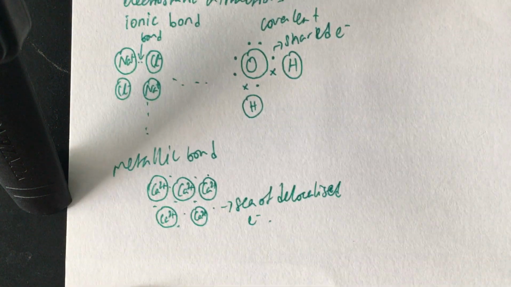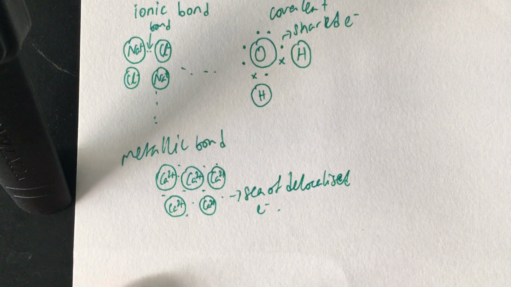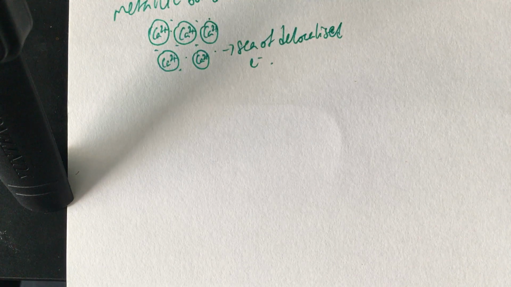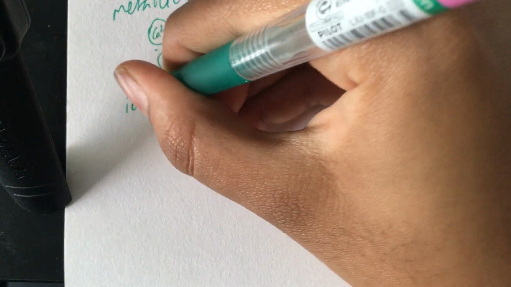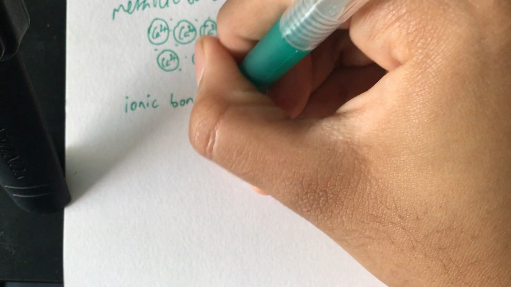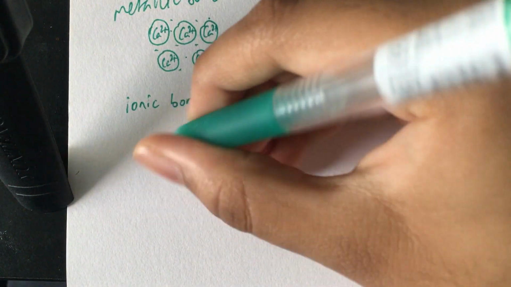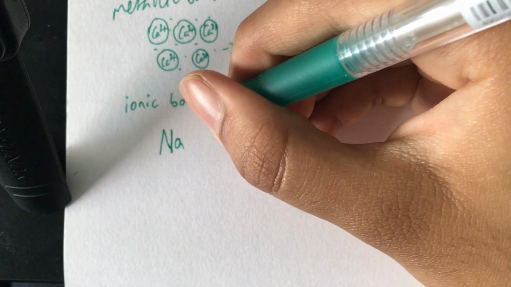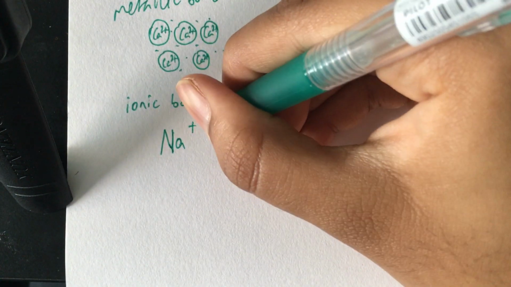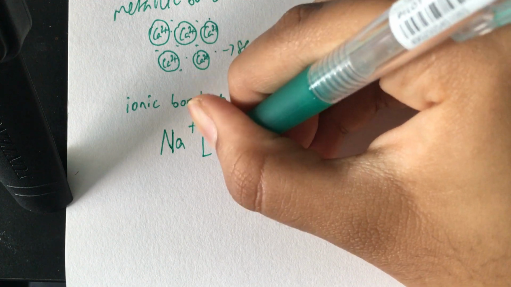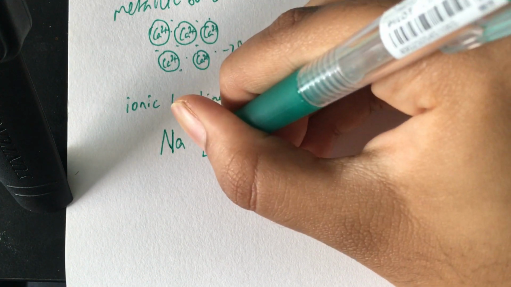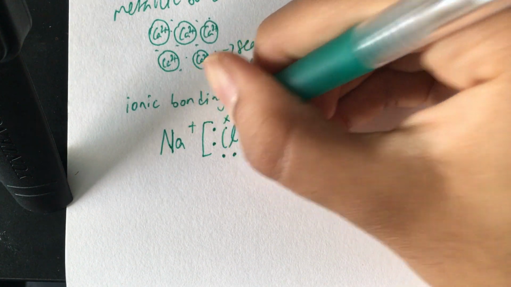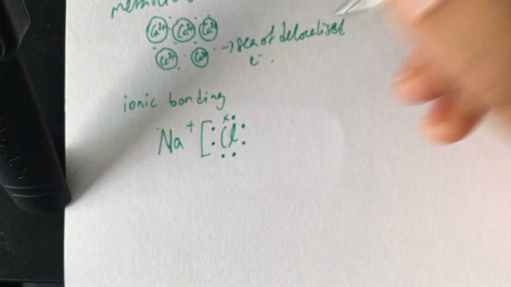For ionic bonding, in a dot and cross diagram, for the positive atom you don't have electrons in the outermost shell. So you don't actually draw any electrons for the cation. For example, for sodium, you just bracket it and put a plus, Na+.